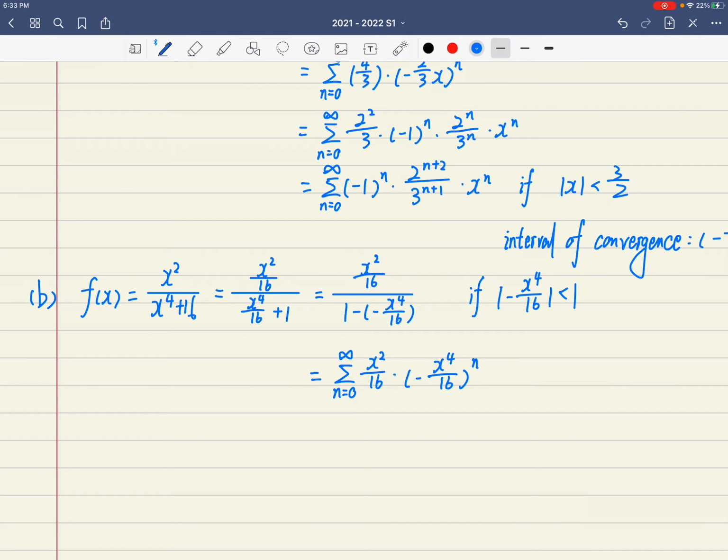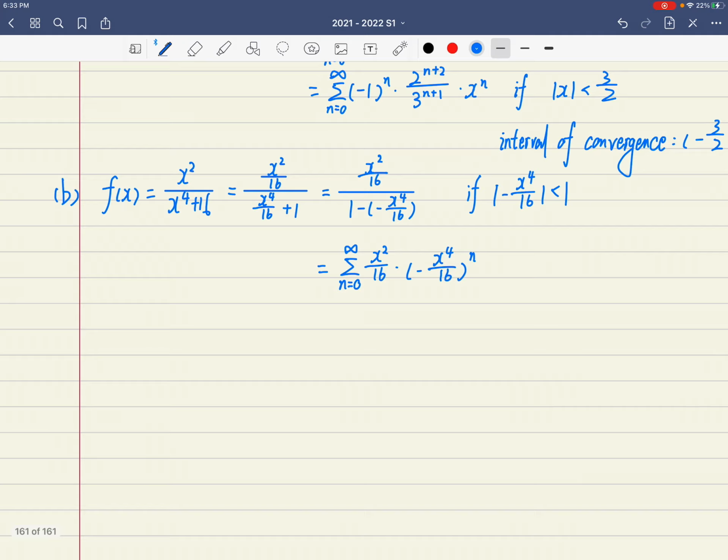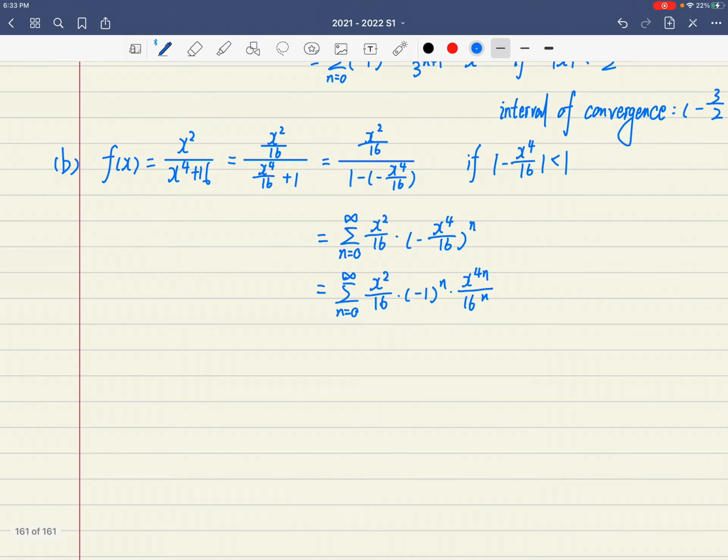Again, you can simplify it. For example, here it's x squared over 16 times negative 1 to the power of n, x to the power of 4n, and 16 to the power of n. So it is the sum, n from 0 to infinity, of negative 1 to the power of n times x to the power of 4n plus 2, over 16 to the power of n plus 1.